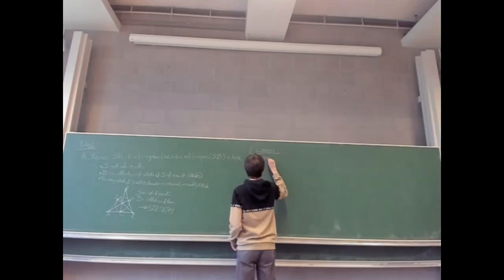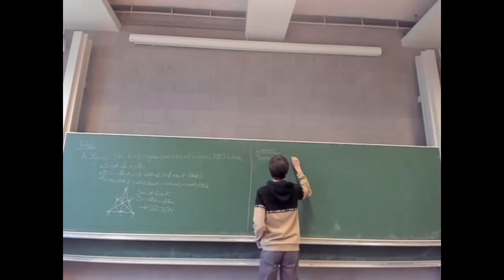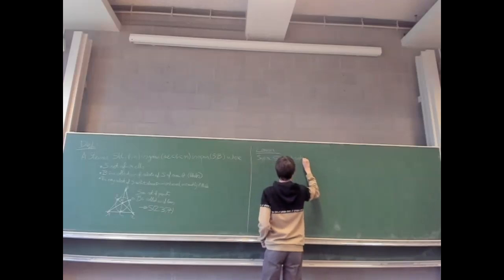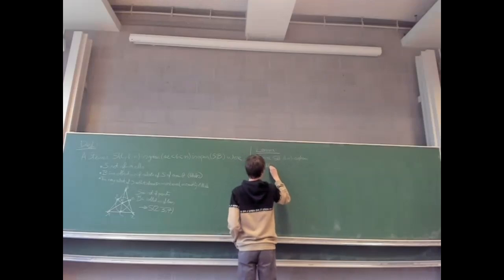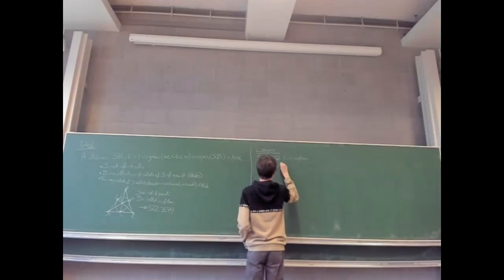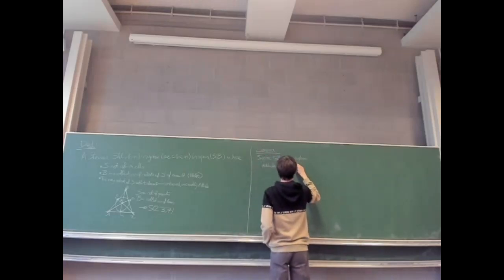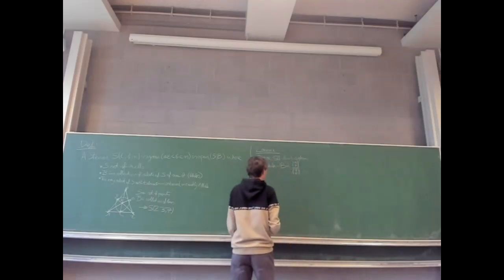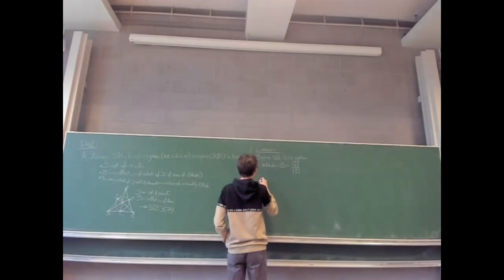Suppose we have a Steiner system S(t, b, n), then the number of blocks, which we'll call B, will be equal to n choose t divided by b choose t. And the proof of this is not really that difficult.